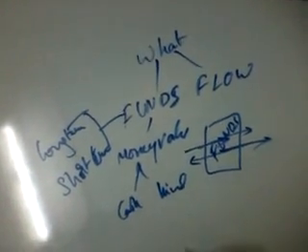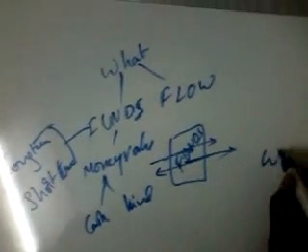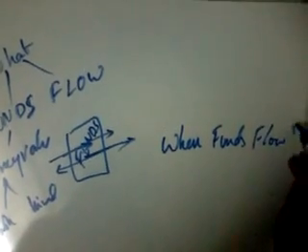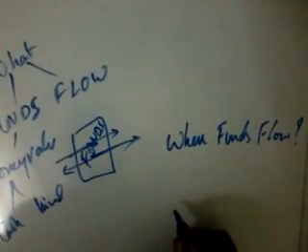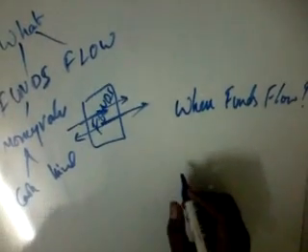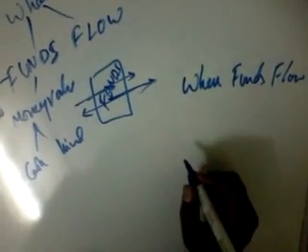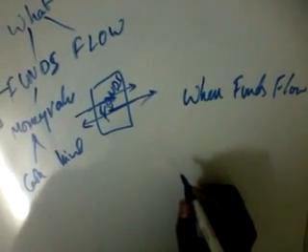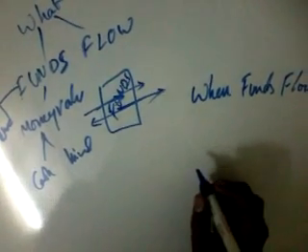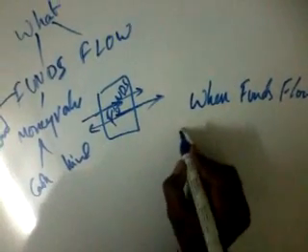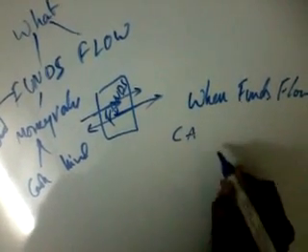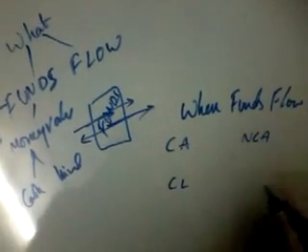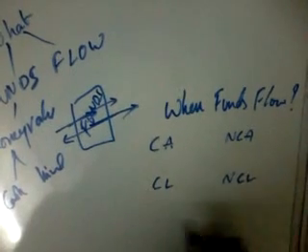Now the question arises, when does funds flow occur? Funds flow will occur only when a transaction between a current and a non-current item occurs. In simple terms, see, current asset, current liability, non-current asset and non-current liability.